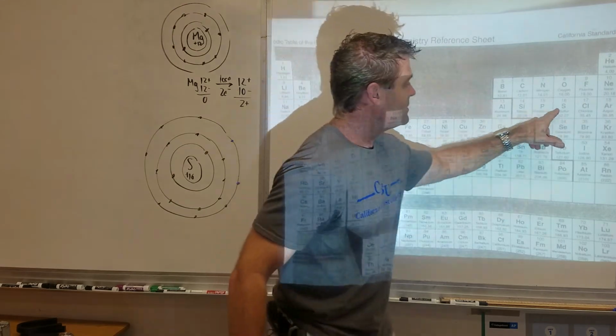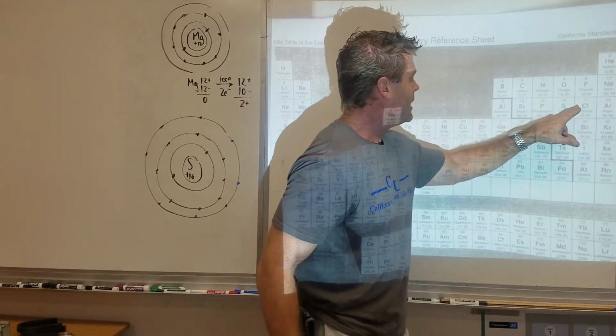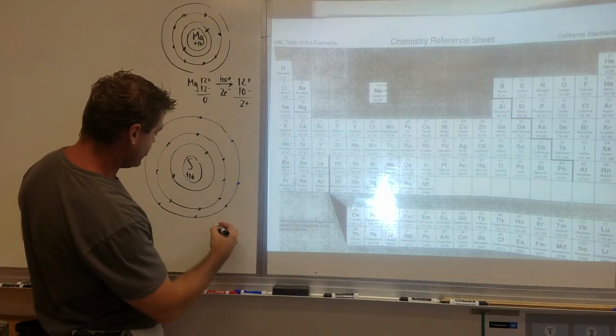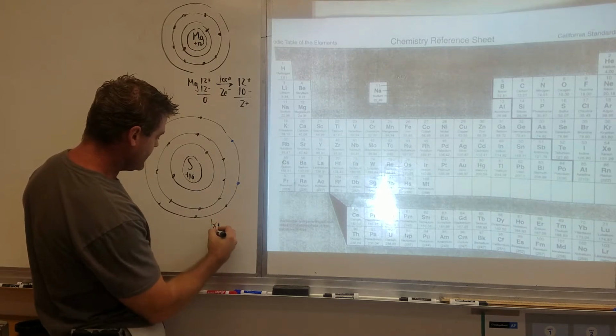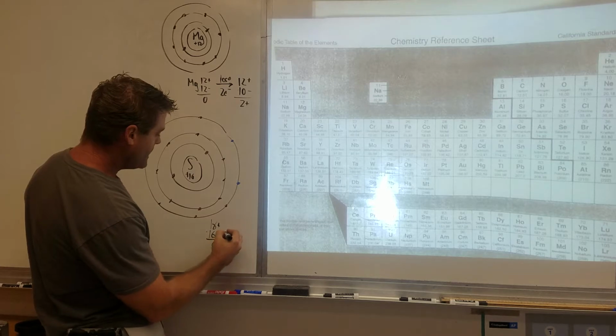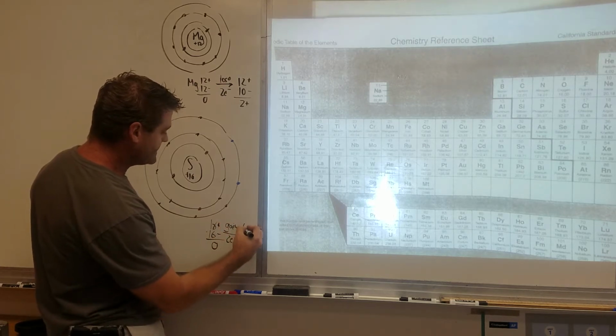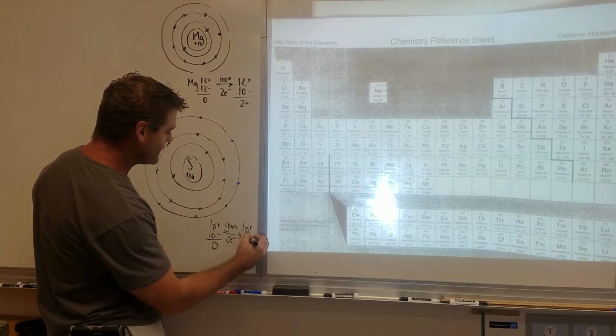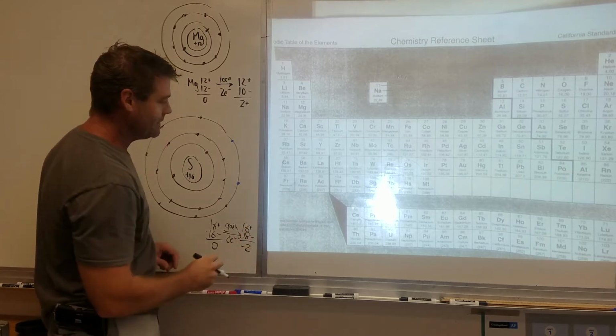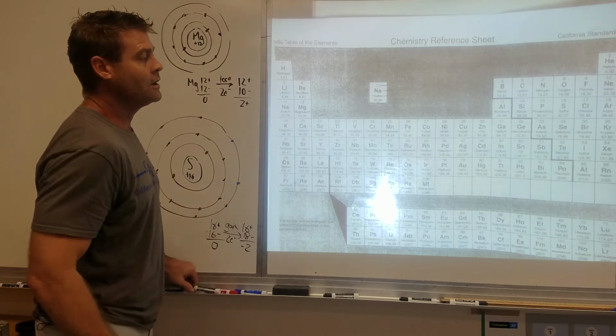And so upon doing so, it acquires a configuration just like argon. See, because it had 16 protons and 16 electrons initially, and therefore neutral charge. But then if it gains 2 electrons, it still has 16 protons, but now it has 18 electrons, and therefore it has a negative 2 charge.